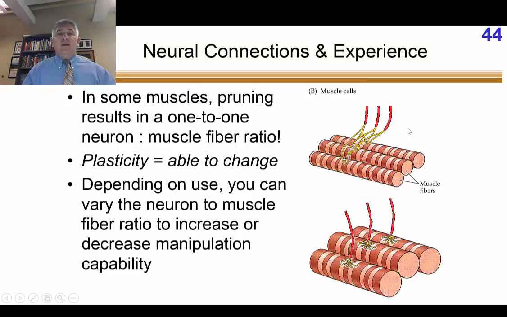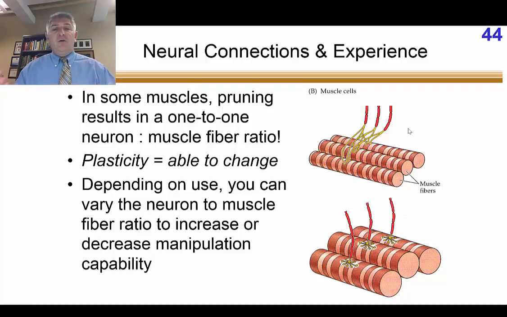Now, this is what we call plasticity, and we'll talk more about plasticity on Thursday. But this plasticity is the ability to change connections. And so depending on your use of your muscles, you can actually change the fiber-muscle ratio, and you can learn to make more controlled, finer motor movements.